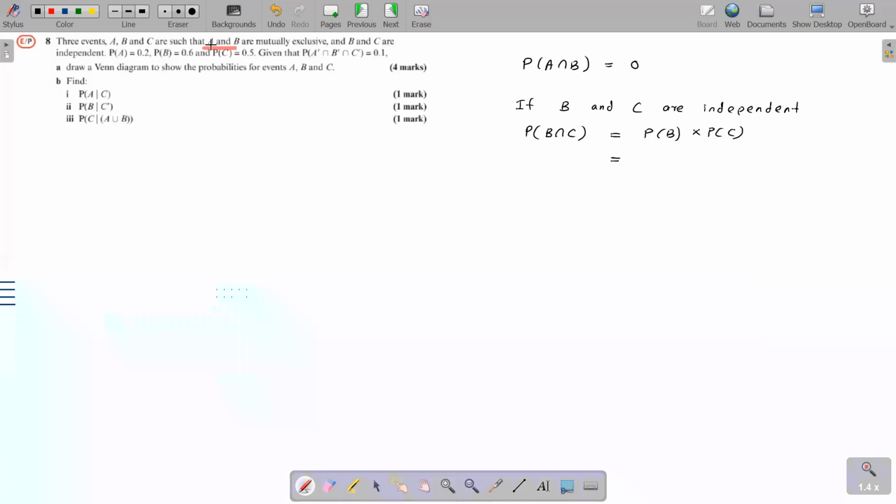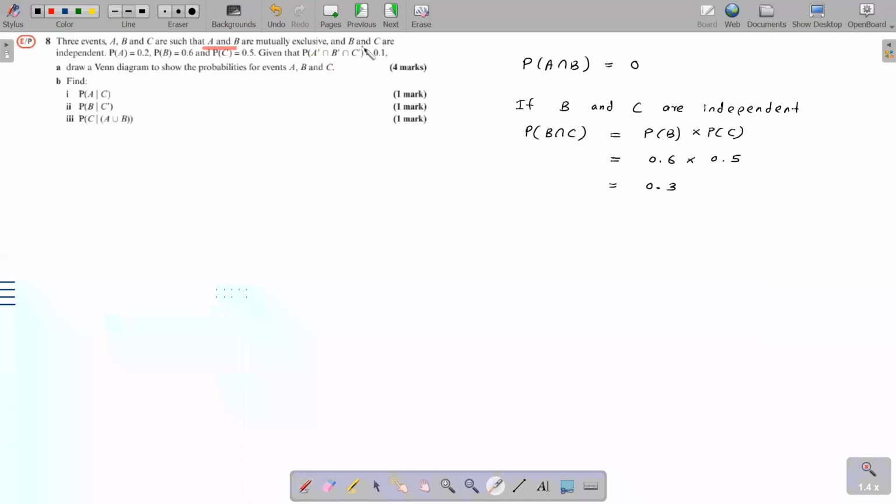We can find that because the probabilities of A, B, and C are given to you. Probability of A is 0.2, probability of B is 0.6, probability of C is 0.5. So 0.6 times 0.5, that's 0.3.